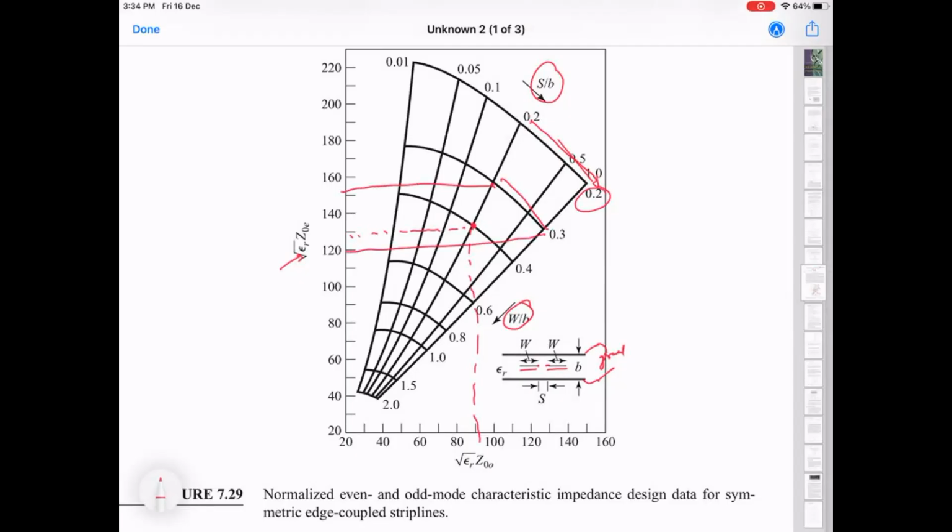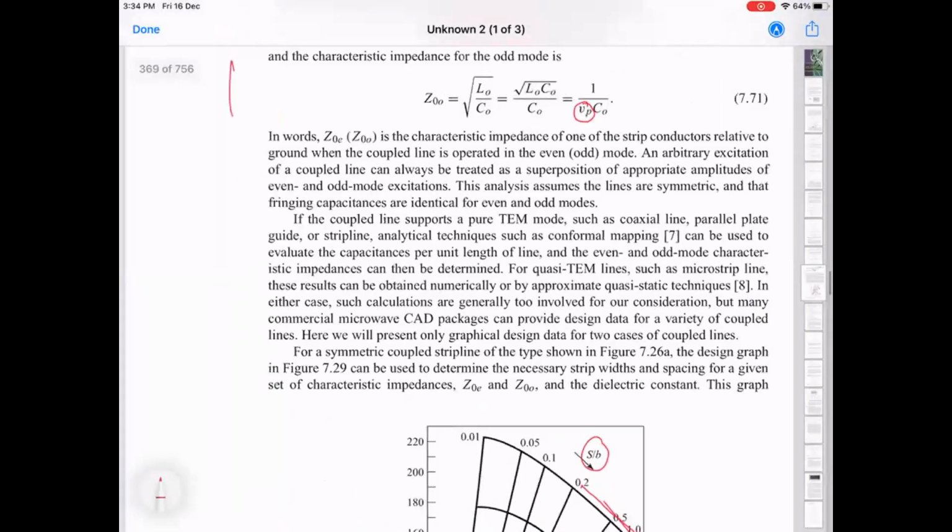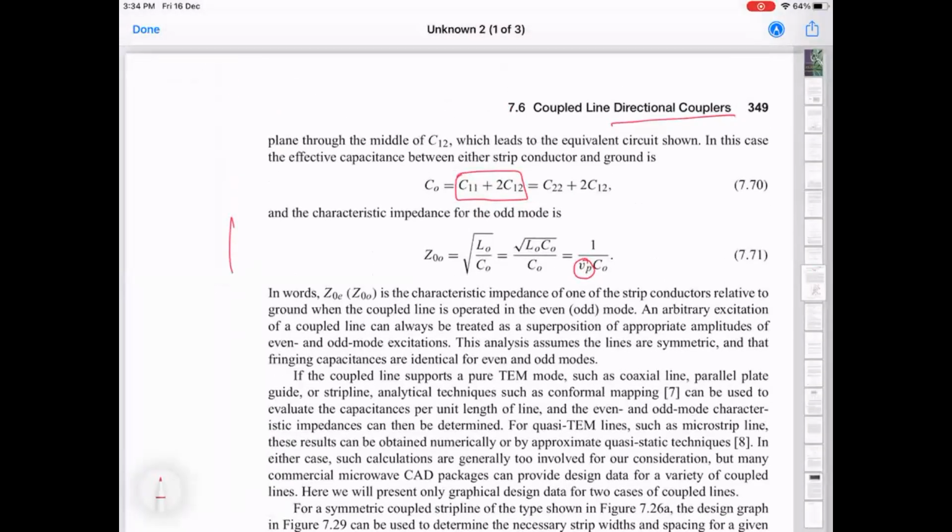Because I think that the two can change in the C1 and C2 to itself because of two strip line. That is logical. That is the explanation I also have in my mind, but it doesn't follow from this because they have not talked about how C11 and C22 itself would change as you bring these things closer.